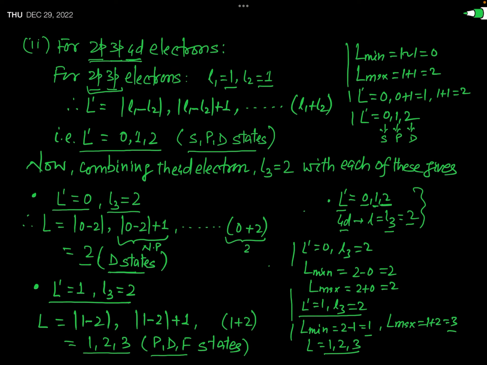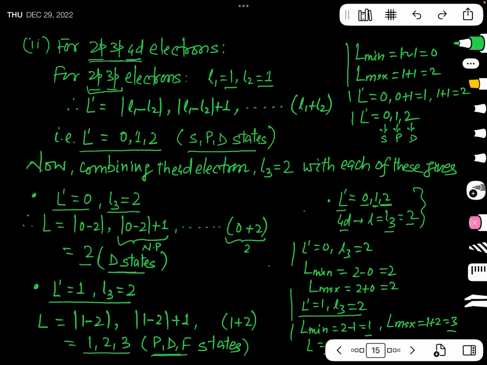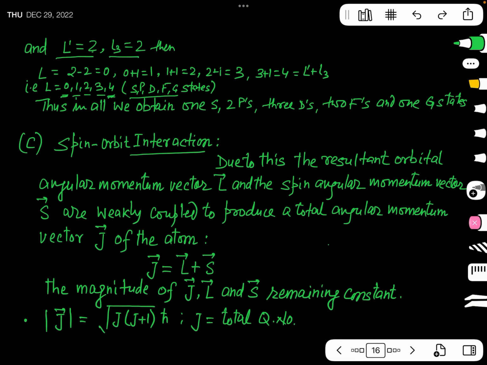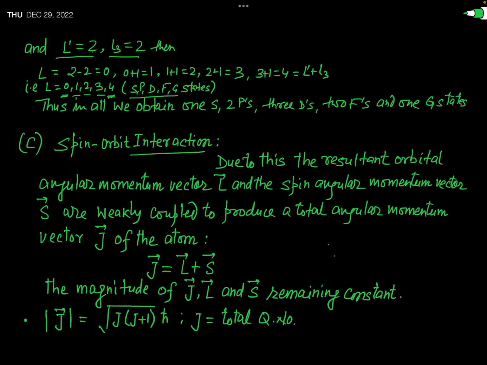It means there will be 2 D's. Here there is again a P, D, F state, so there are 3 D's. And again you can see here is a D, so there are 4 D's.